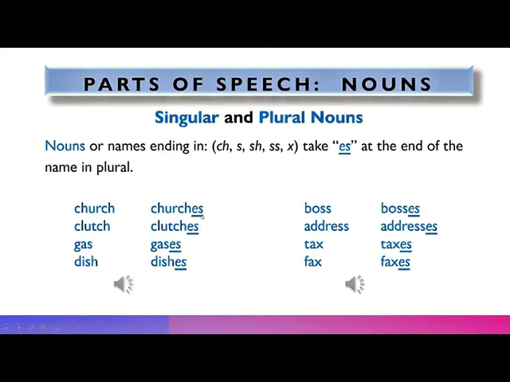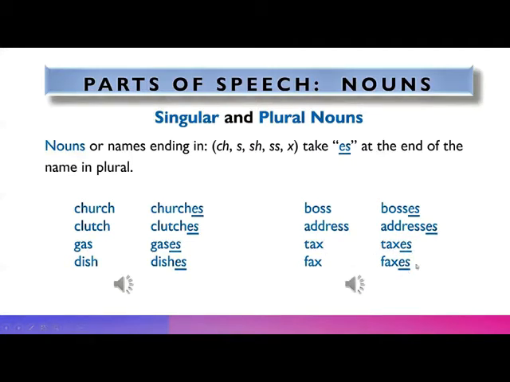Church, churches. Clutch, clutches. Gas, gases. Dish, dishes. Boss, bosses. Address, addresses. Tax, taxes.